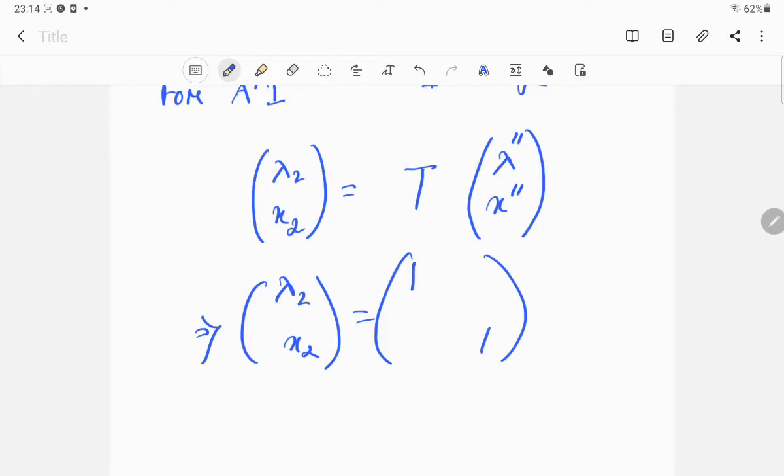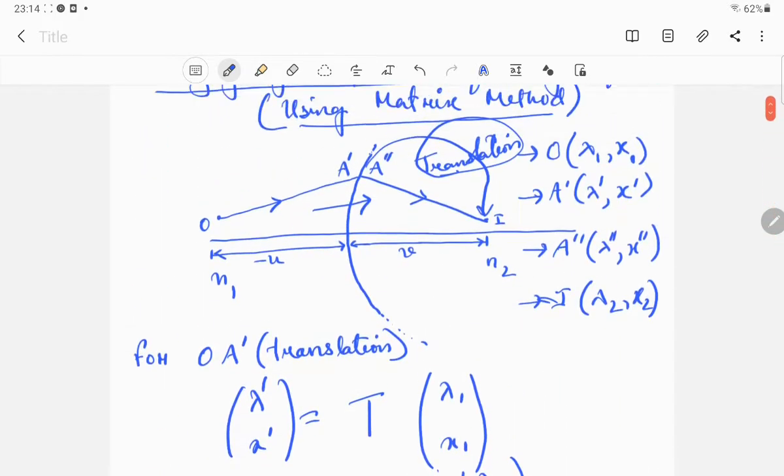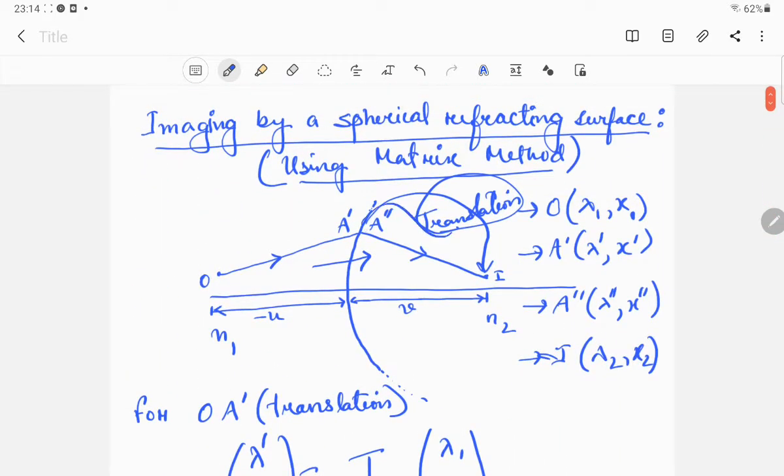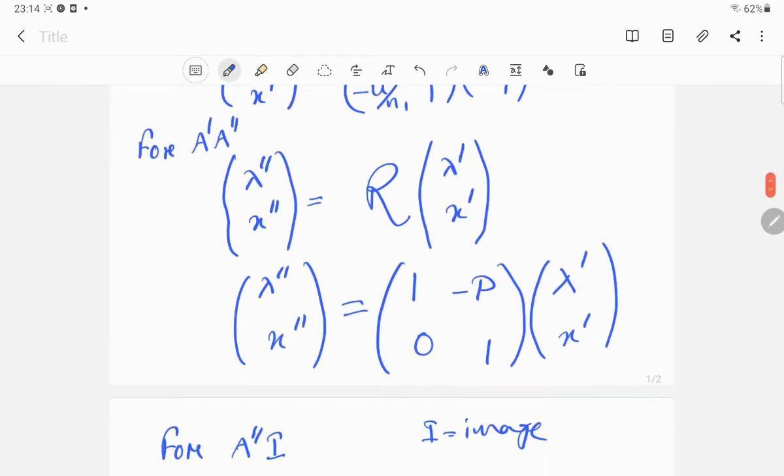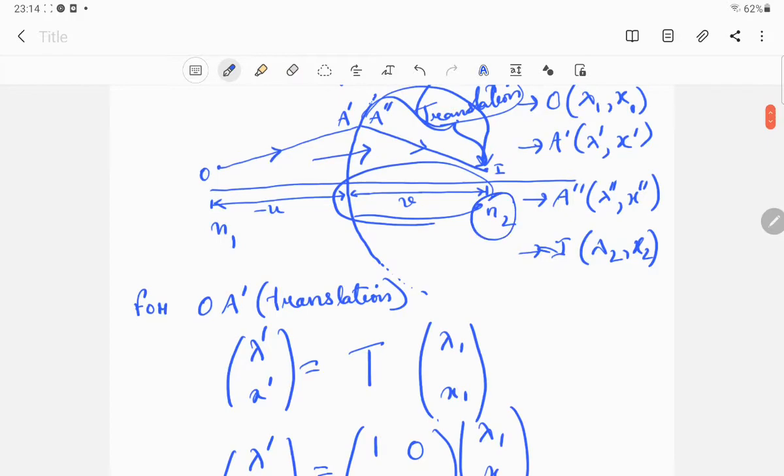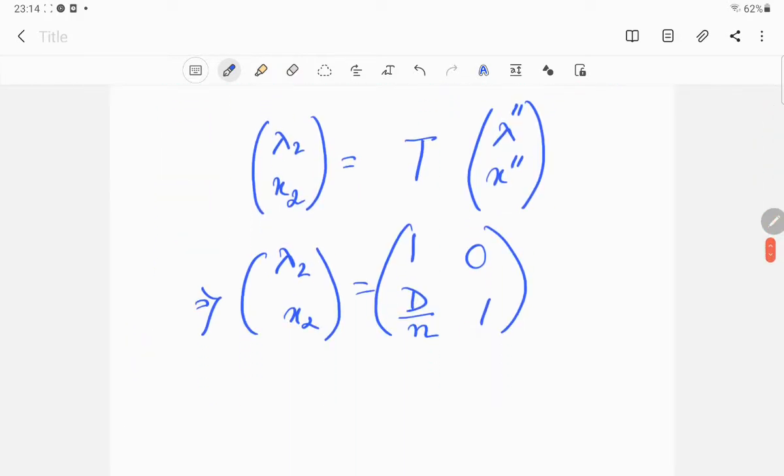Again 1 1 will definitely be there, 0, and this is usually d by n. In this case, what is the distance traveled for translation? It is nothing but this distance, called v. And what is the refractive index? This is n2, so it will be v by n2.